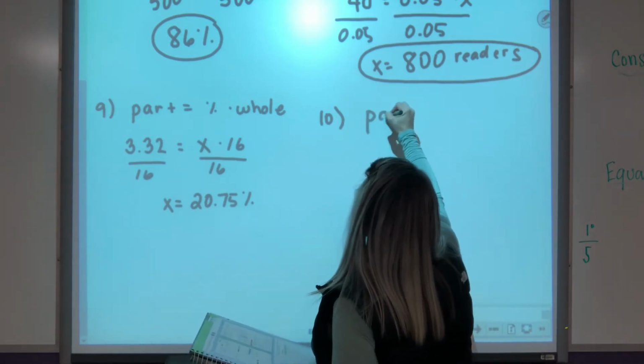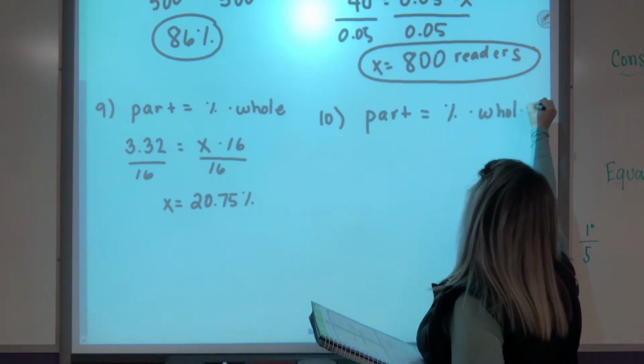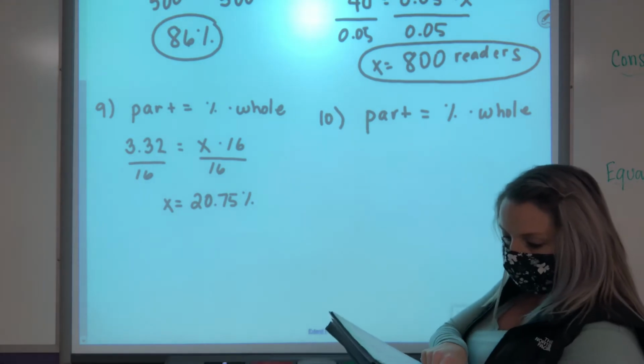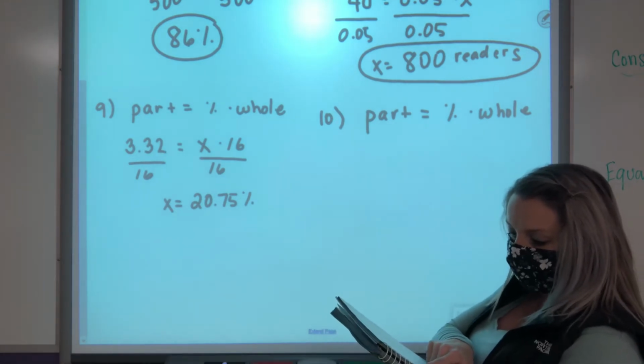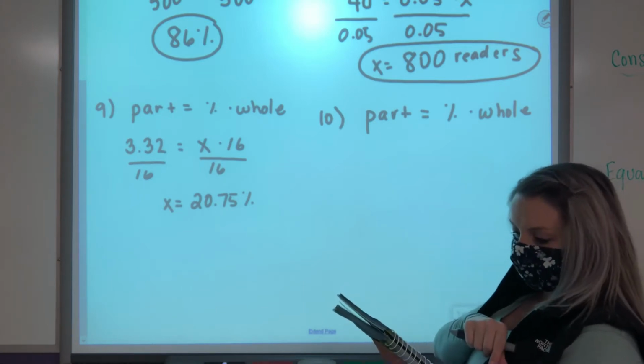So again, part is equal to percent times the whole. Okay, so the information they gave us says a shirt that normally costs $30 is on sale for $21.75.